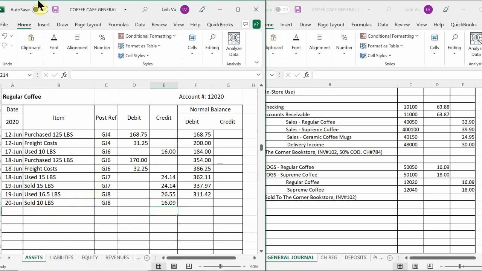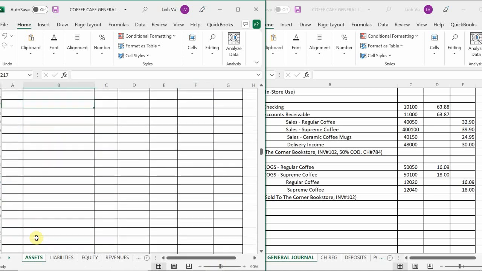So what's my total ending balance? 295.33. Sorry about that, guys. What was that? 295.33, which we know for sure matches our total balance in our inventory worksheet.